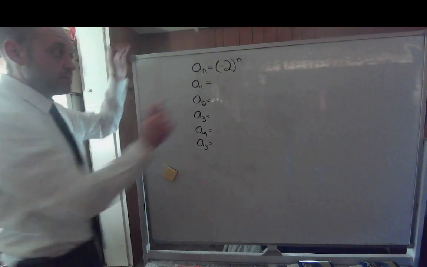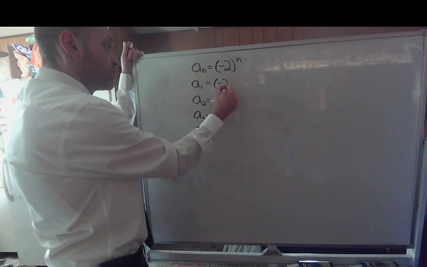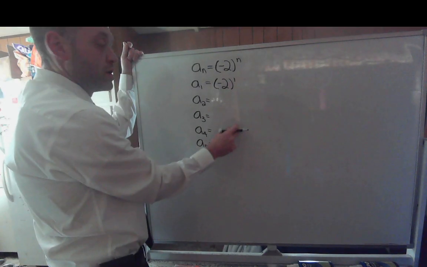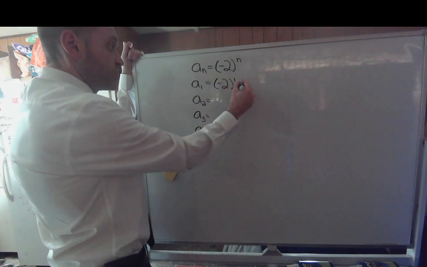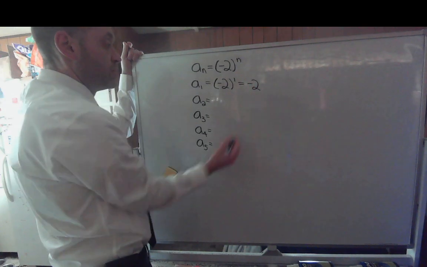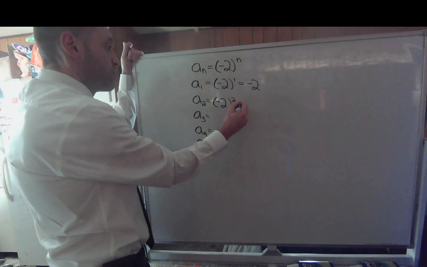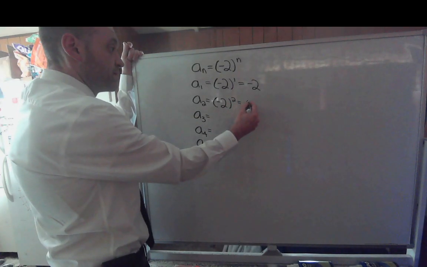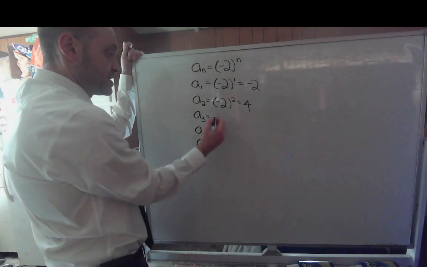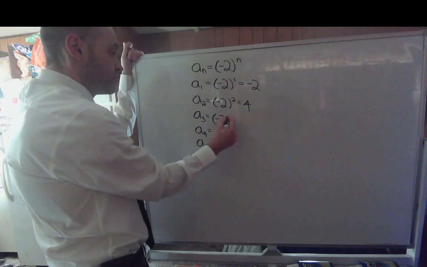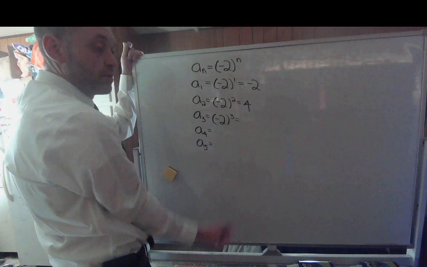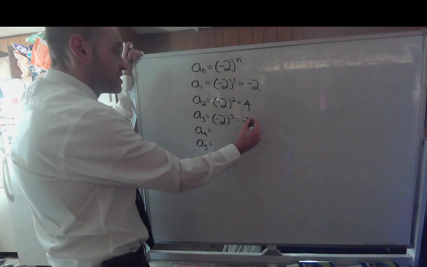So a sub 1 means I take that negative 2, raise that to the first power. Well, negative 2 to the first, that's just going to be negative 2. A sub 2, I'll take that negative 2, raise it to the second power. I would end up getting positive 4. A sub 3 would give me negative 2 raised to the third power. That would actually give me negative 8.